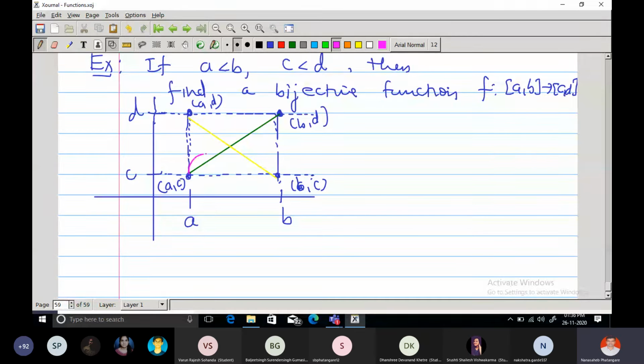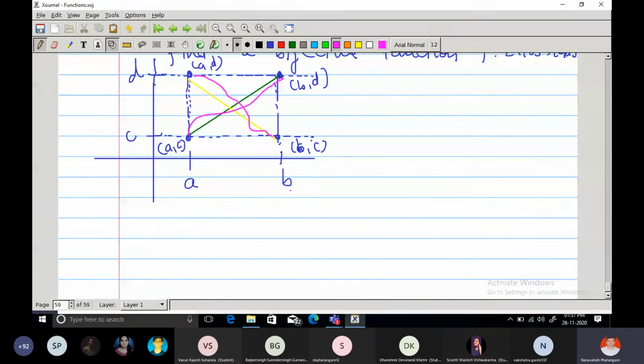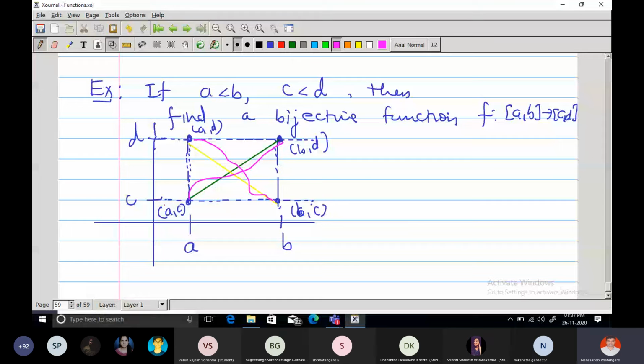You can have a function like this, which is a bijective function, or a function like this, which is also bijective. But these are difficult. The straight lines are the simplest ones. You can find anyone, either the green line or the yellow line, whichever you want.